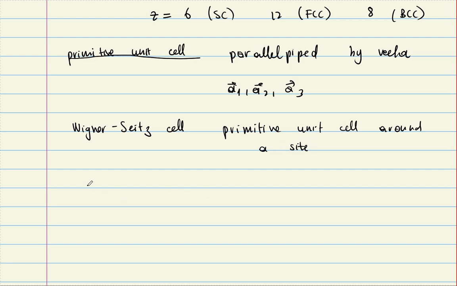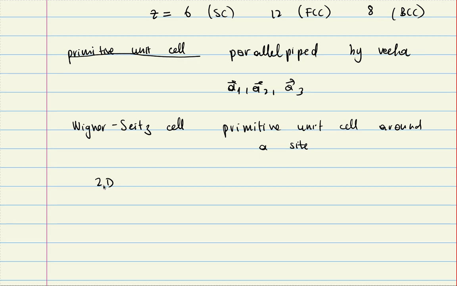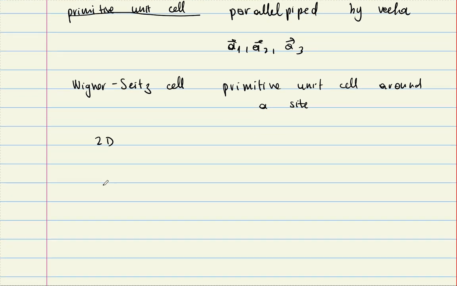It's easier to draw in 2D, and many interesting examples in this class are going to be 2D. Very rarely will we have to do 3D crystals, because most concepts are in 2D, and it's easier to draw anyway. So let's consider a 2D square lattice. It is something like this.